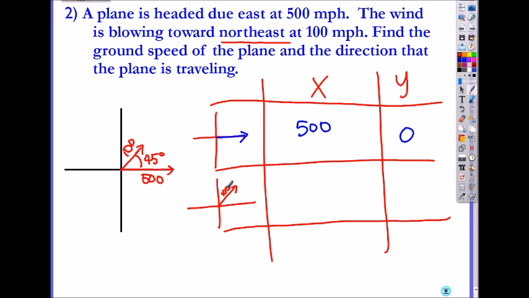To find its x, it is the magnitude times cosine of 45. Y is magnitude times sine of 45 degrees.